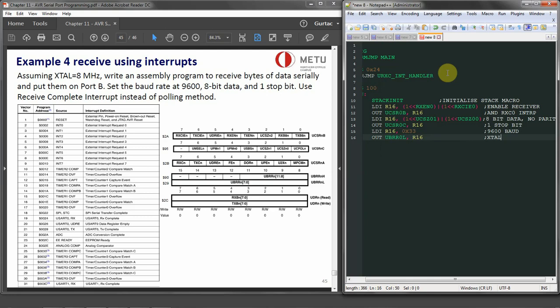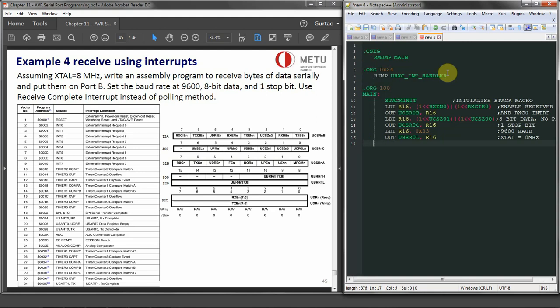So crystal frequency is 8 megahertz. Then we have to set port B. Let's give some space. LDI R16, 0 hex FF to be an output port, and out DDRB, R16.